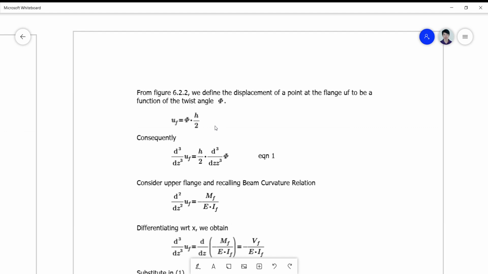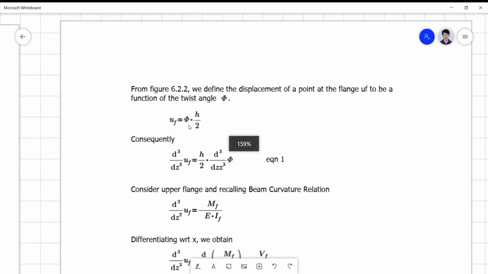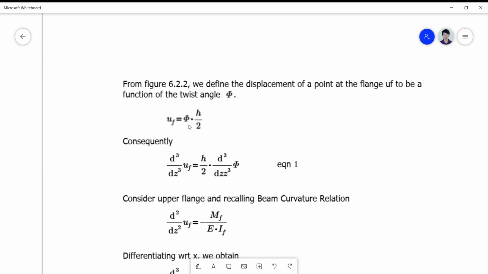Okay, so the angle of twist phi defines simply your u displacement by multiplying it to the distance which is measured from the neutral axis to the extreme fiber, h over 2.